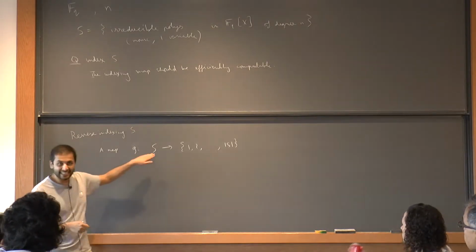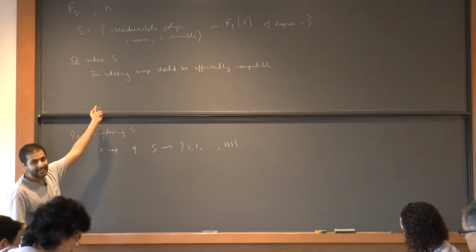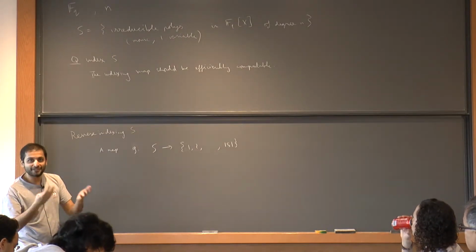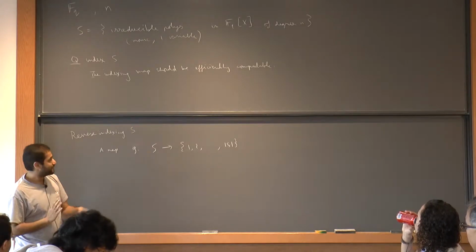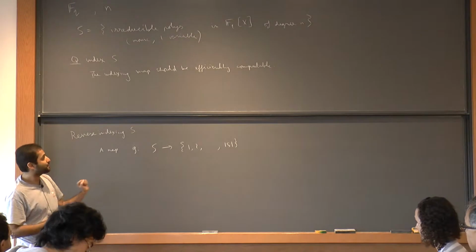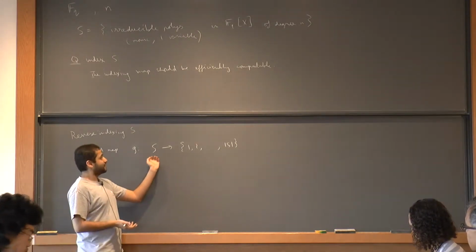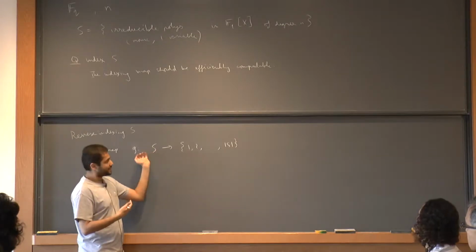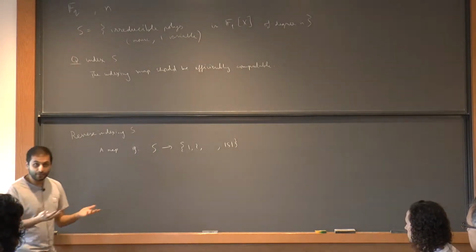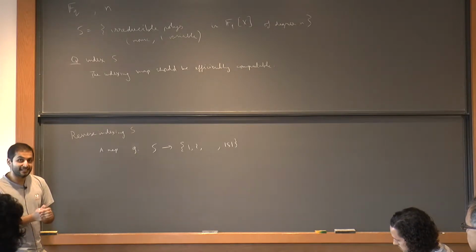Actually, reverse indexing is like giving names to every irreducible polynomial. The indexing is like giving irreducible polynomials to every name. So do you understand that these are different questions? Find an efficiently computable map from 1 up to the size of S, and find an efficiently computable bijection from S to 1 up to the size of S. And you can also ask for a map where both are computable efficiently at the same time.